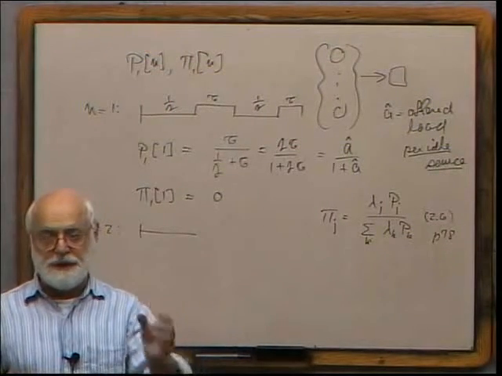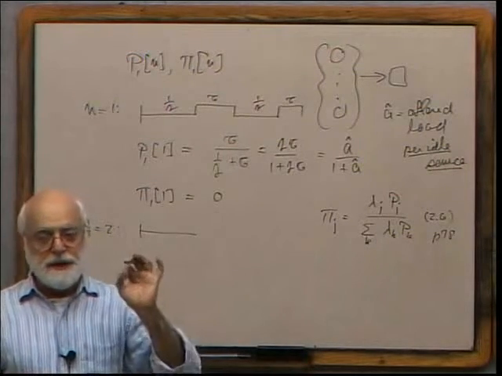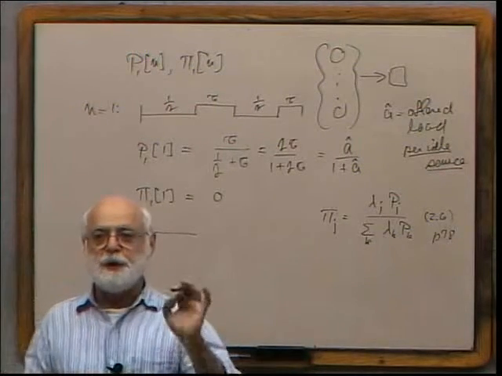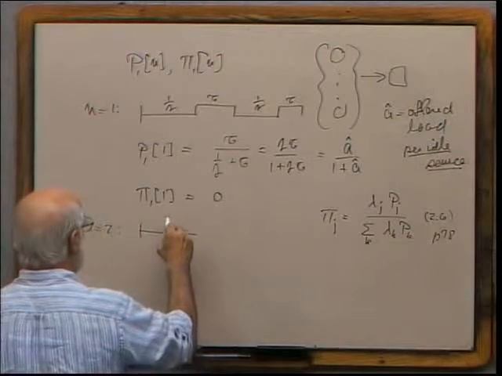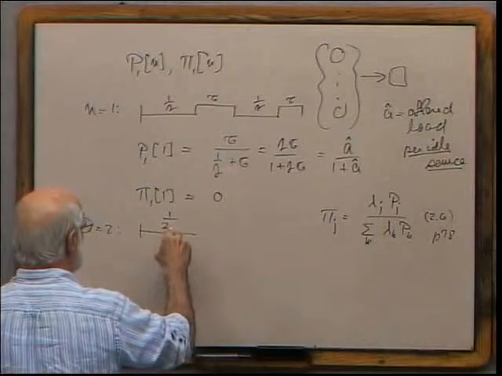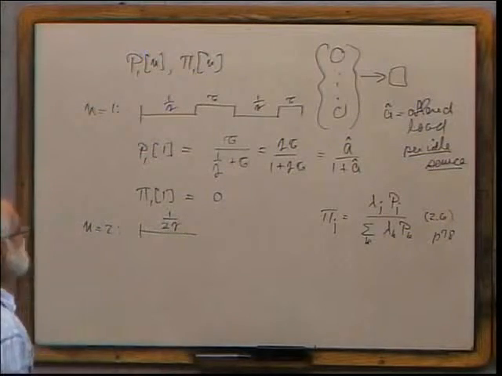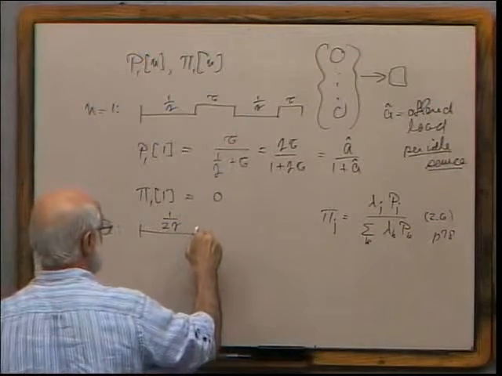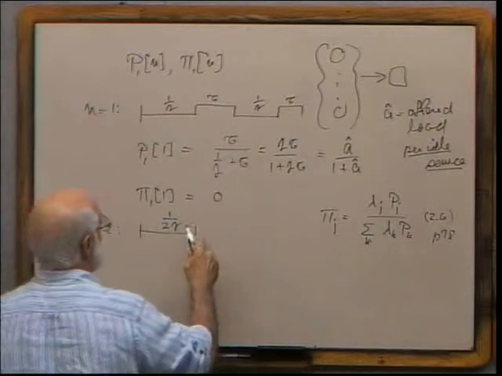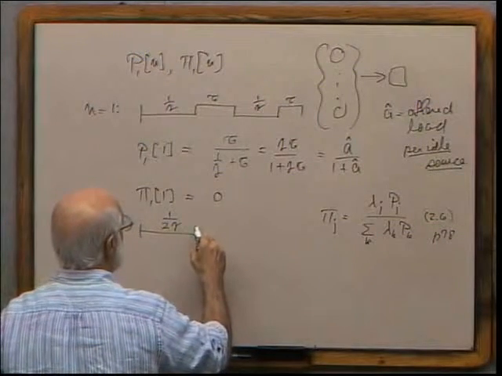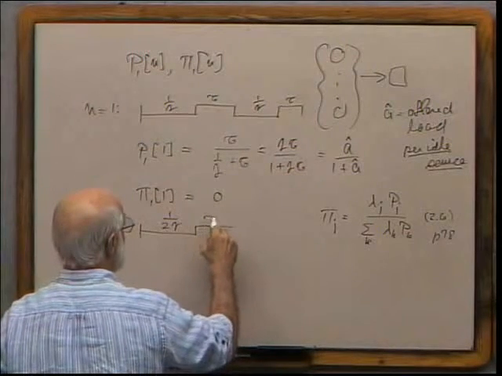It's exponentially distributed with rate 2 gamma. So the average time until I make my first request is 1 over 2 times gamma. And then somebody makes a request for service. Okay, the server is held for a service time. On average, that's tau. And then becomes idle again.